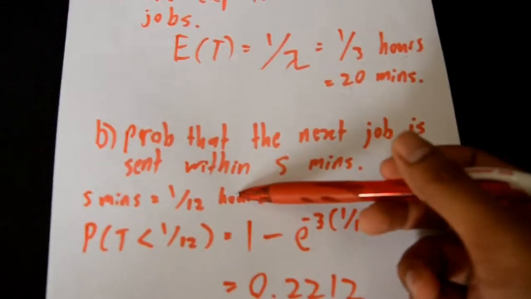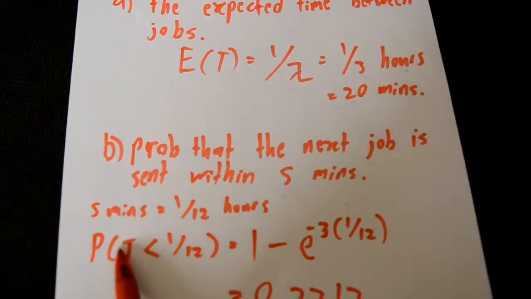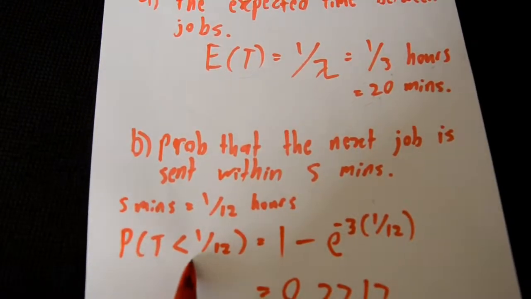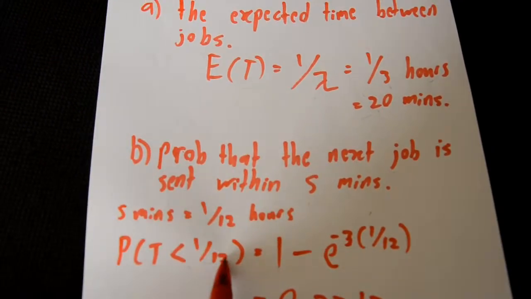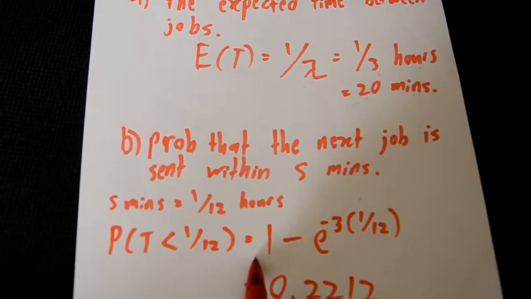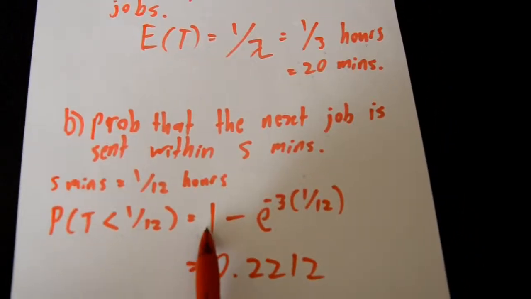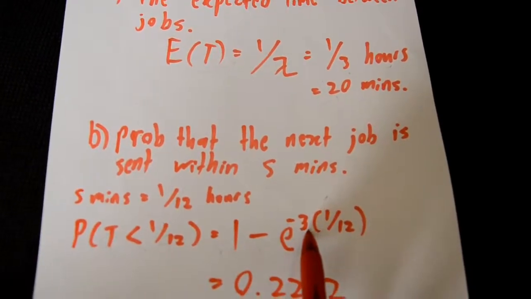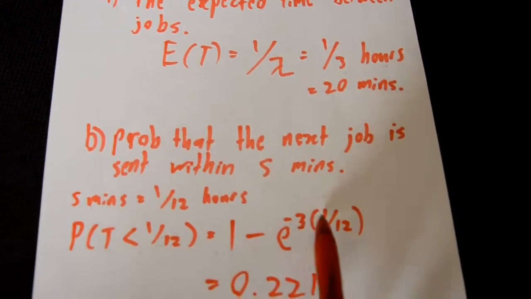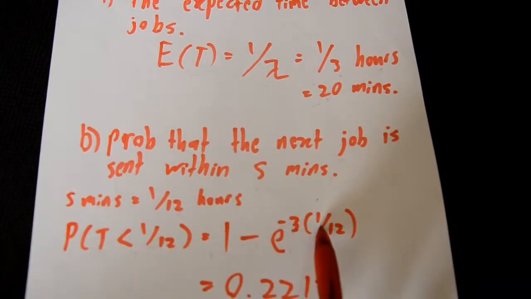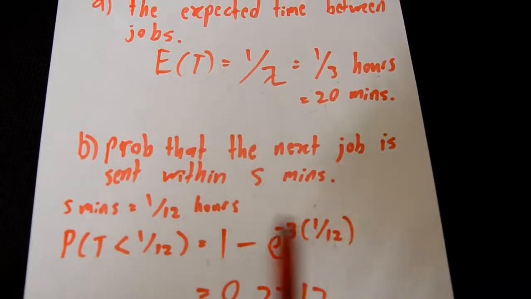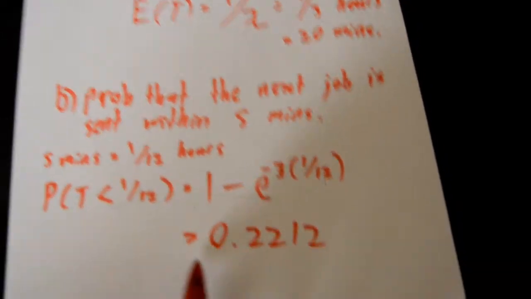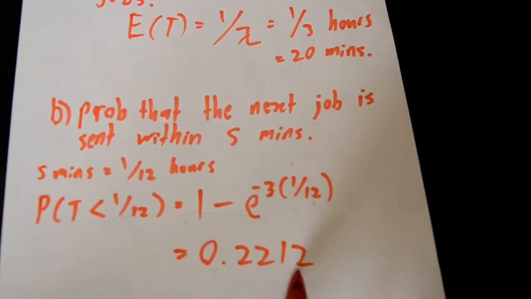From here we calculate the probability that the next job time t is less than 1 over 12 hours, and from the formula we put 1 minus e to the power of negative 3, which is the lambda, times 1 over 12. 1 over 12 is the x from the question. If we calculate this, we get 0.2212.